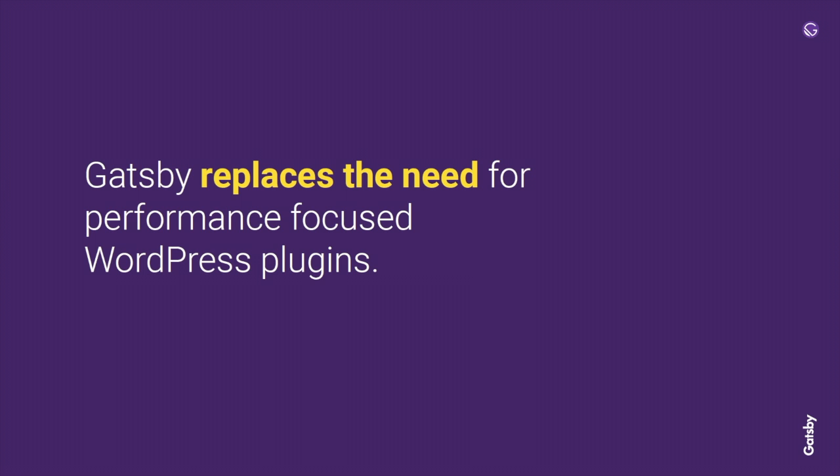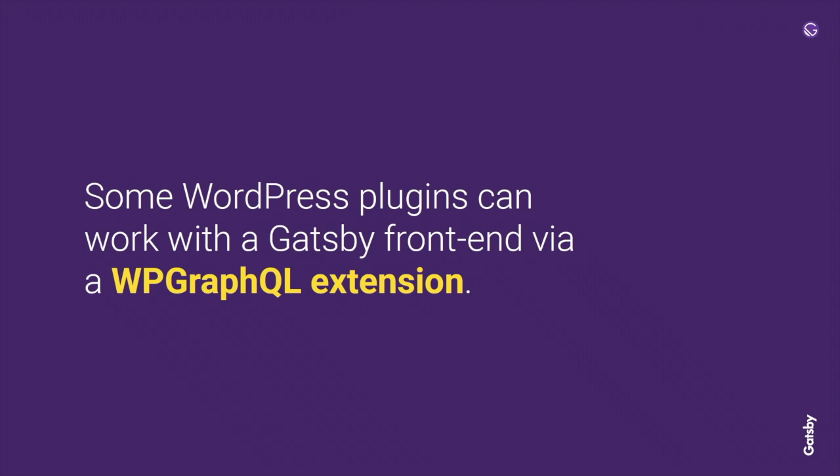Now, there's another class of plugins where Gatsby just replaces the need for those plugins. And those are often performance-focused WordPress plugins. You think of caching plugins like W3 Total Cache or Supercache, or again, media optimization plugins.